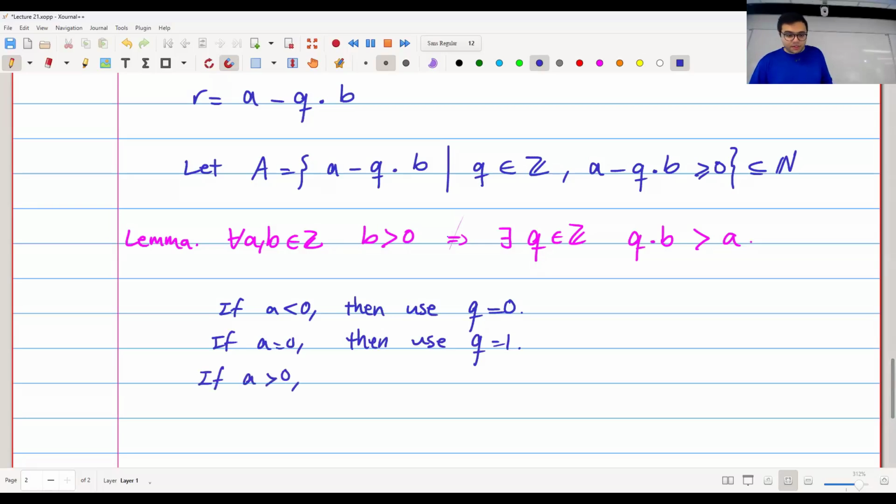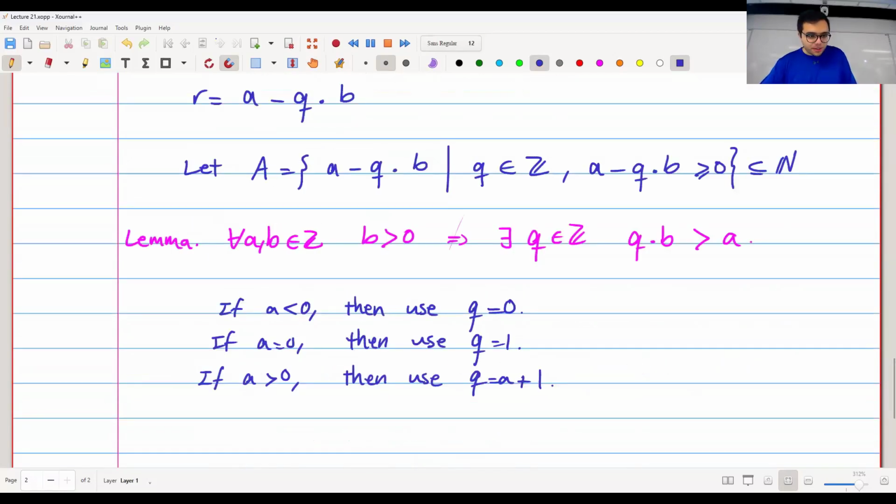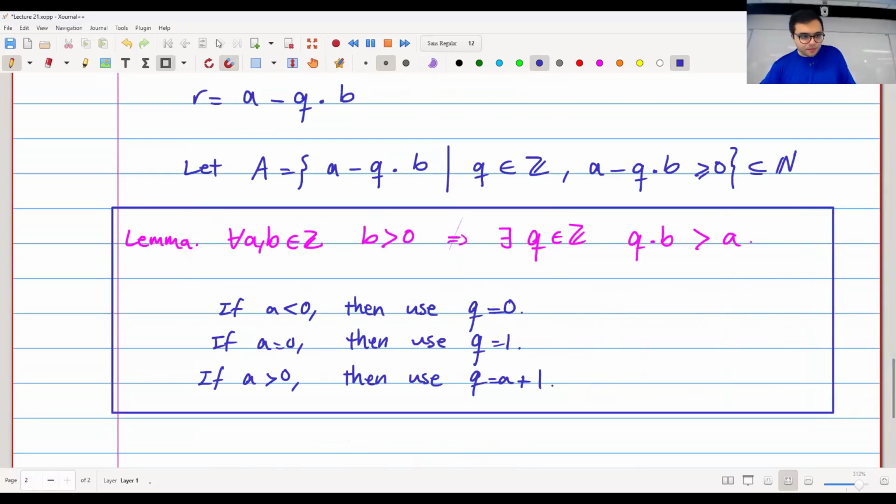If A is greater than 0, what should I do? Okay, yeah, use A plus 1. And then we can just follow the lemmas that we proved for natural numbers that show that these things work. Okay, so coming back to our main theorem, so this was just a lemma on the side.